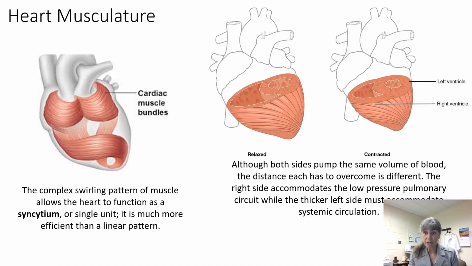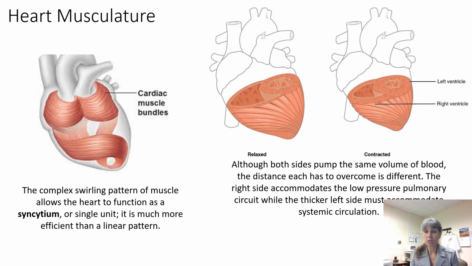When we look at the orientation of cardiac muscle fibers, there is a swirling pattern within the heart that allows the heart to function as a syncytium or single unit when those atria and the ventricles contract. So it's much more efficient than if these were arranged in a linear fashion.